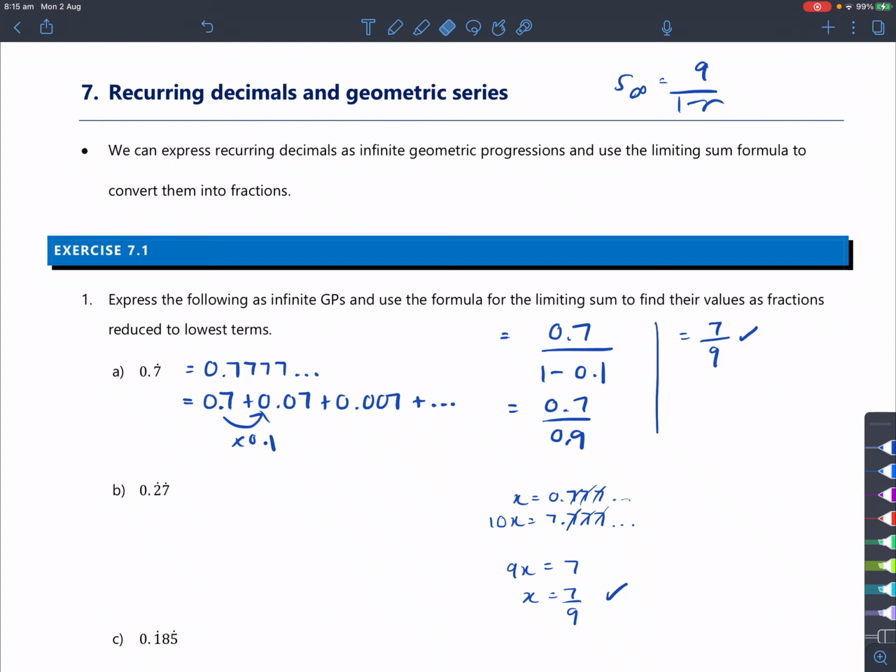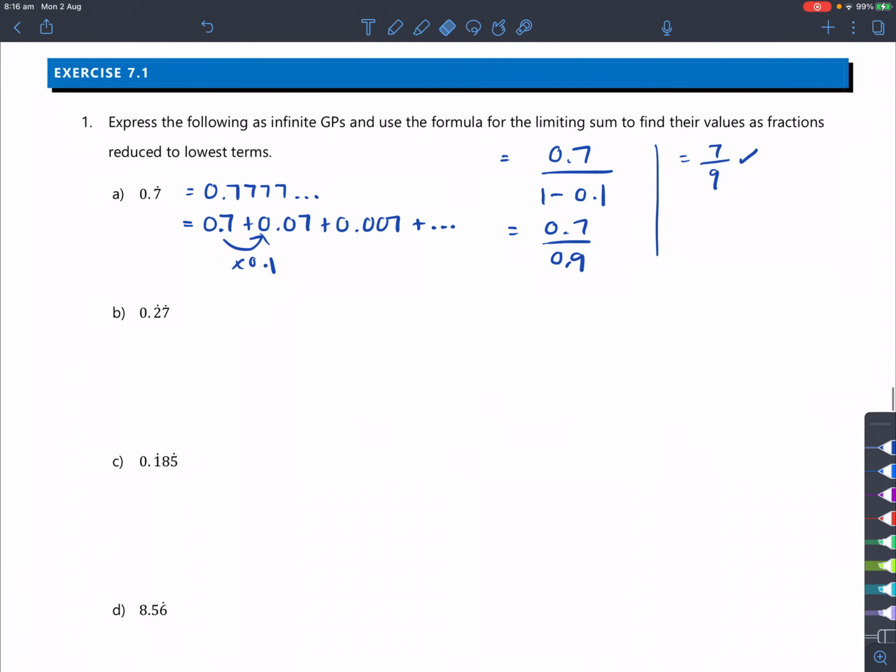Alright, let's go on to question B. So for question B, we've now got 0.27 recurring. Let me write that down. So you have 0.27, 2727. We're going to separate these apart according to what's repeating. So we're going to write 0.27 first.